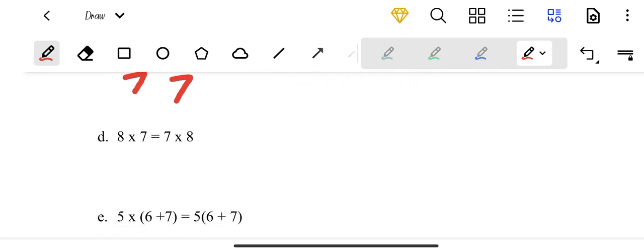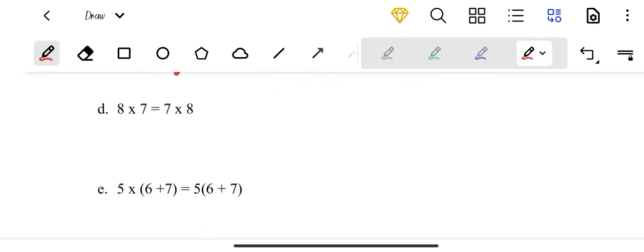Okay, so D says 8 multiplied by 7 is equal to 7 multiplied by 8. So let's see, if we say 8 multiplied by 7, what do we get? Let's say we have our 7, another one we have 14, another one we have, I think it's going to be 21.